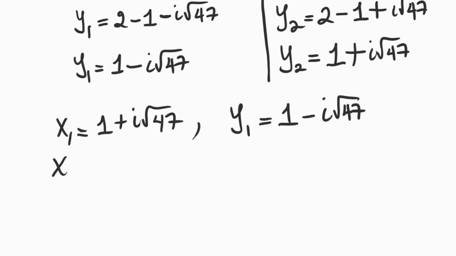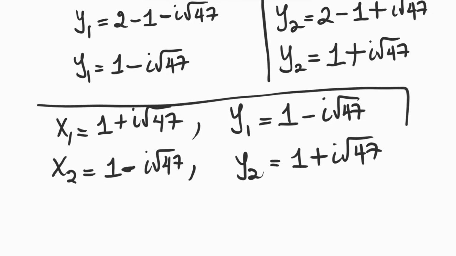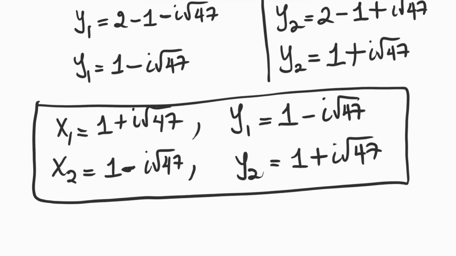Then what about our x2? x2 then is 1 minus i root 47. And then our y2 is equal to 1 plus i root 47. These are the answers to our question.